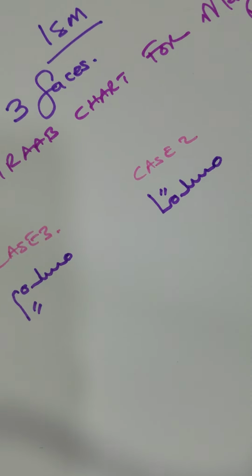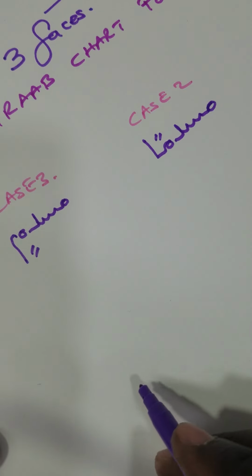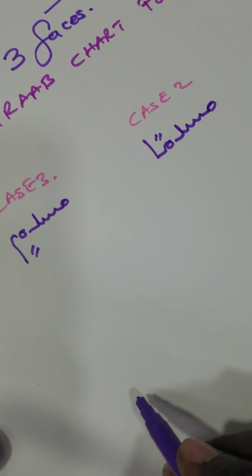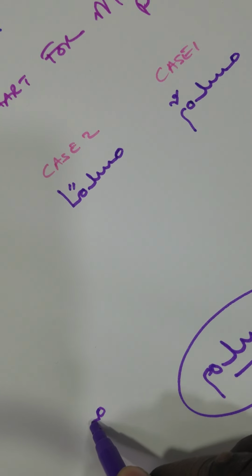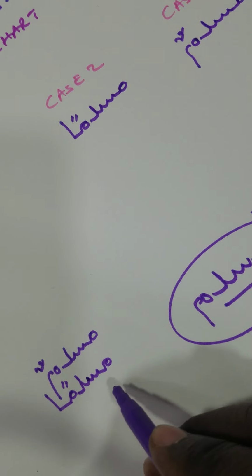Now, I want you to look at these three different ways. Number one, we said it can be in singular. This word will either be Muslimun, Musliman, or Muslimin.